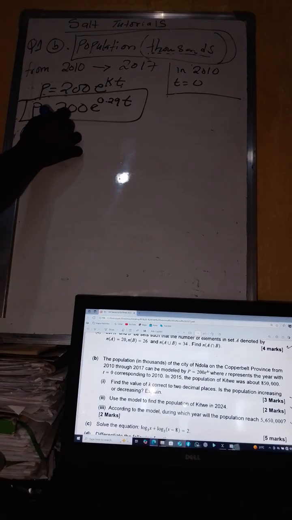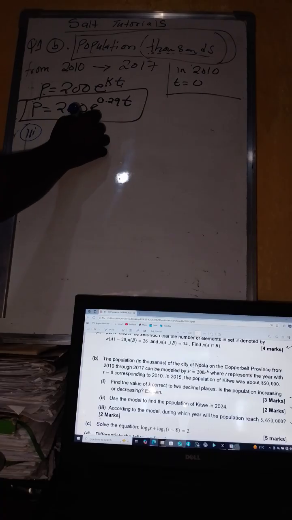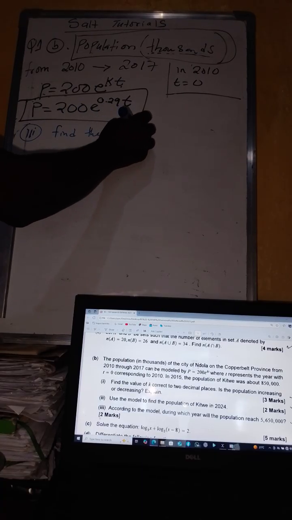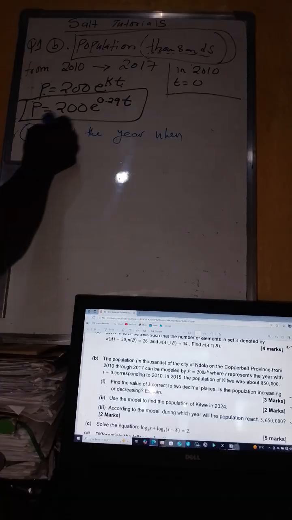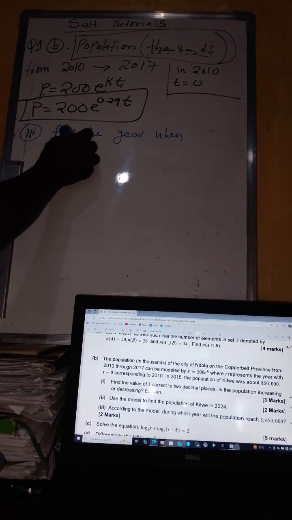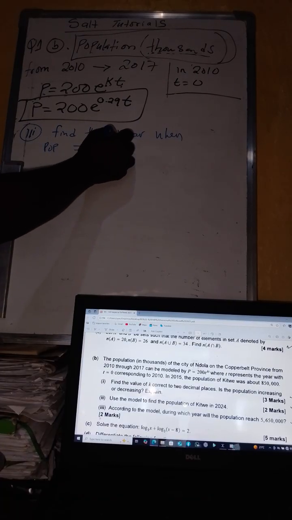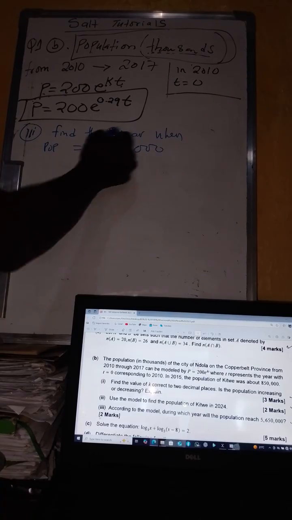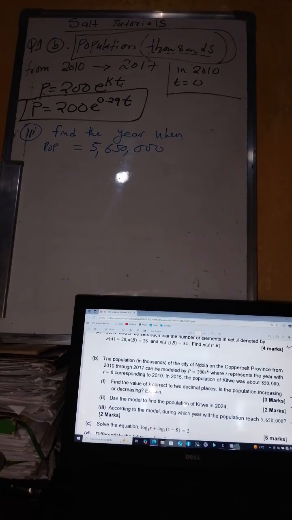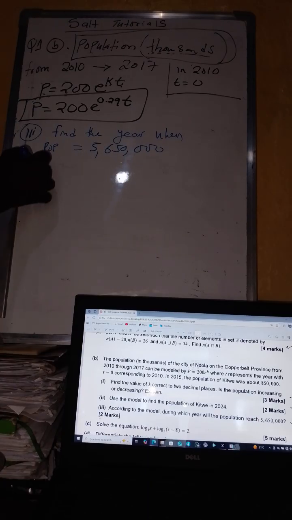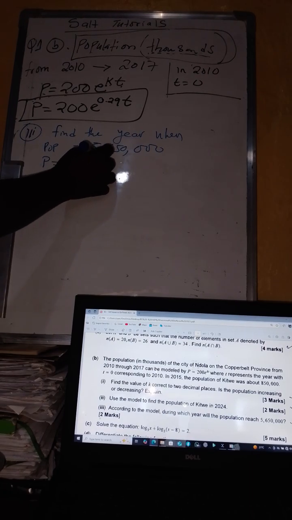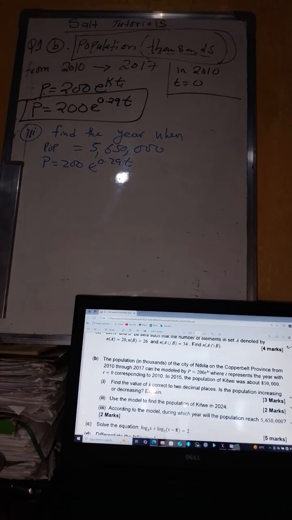We are finding the year when the population is 5,650,000. When that is our population, we use the same model. So the model is P is equal to 200 multiplied by e power 0.29t.